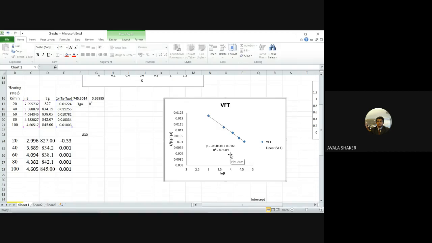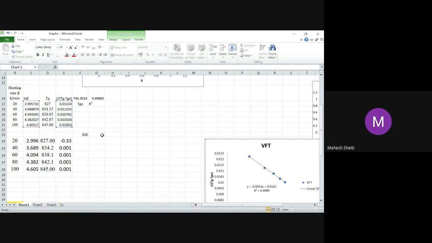So what do I expect? I know it's a straight line, so I expect this value should be 1. You are interested in extrapolation, but at 0, what should be the value of Tg? Taking the Tg values, I should do a best fit for the same points which I have for Tg, by adjusting Tg0.